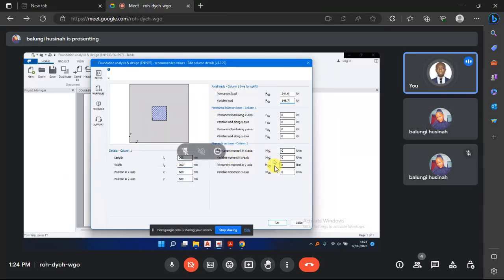So the permanent moment in y-axis I've multiplied by 0.6 and got 7.68. Then multiplying by 0.4 I've got 5.12. You put in 5.12.